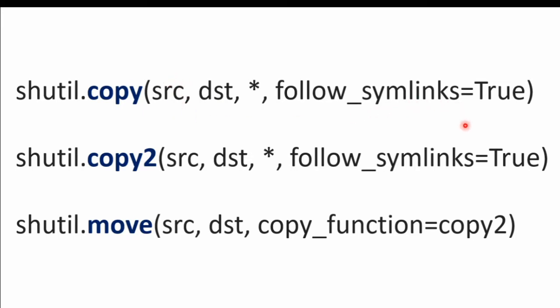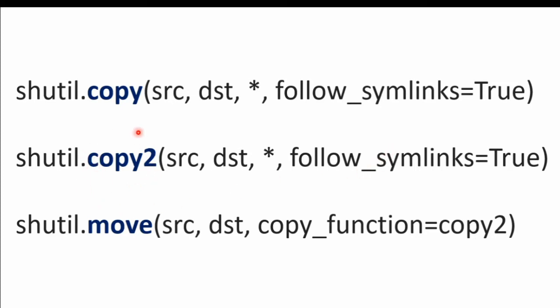So in today's tutorial we are not going to use this symbolic link. We are just going to copy files from one directory to another directory with the real, complete path. We are not going to use shortcuts or symbolic links.